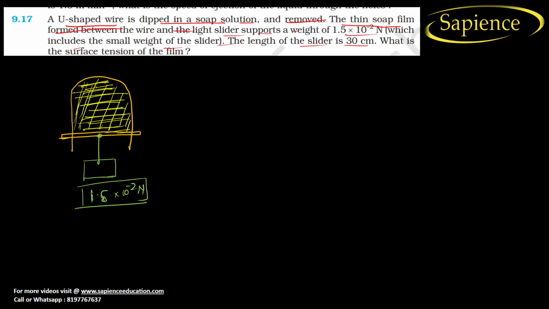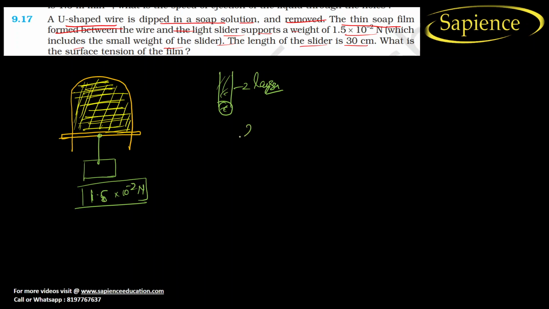Now we need to find the surface tension. If we look at the cross section, how many layers are there? Two layers are there. Due to the two layers, we get double the force, meaning there are two surface forces.